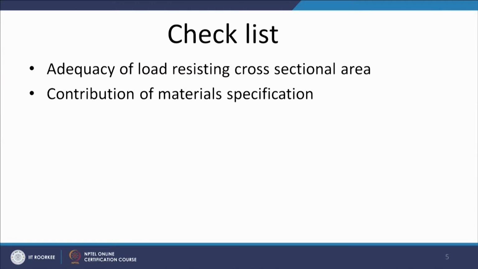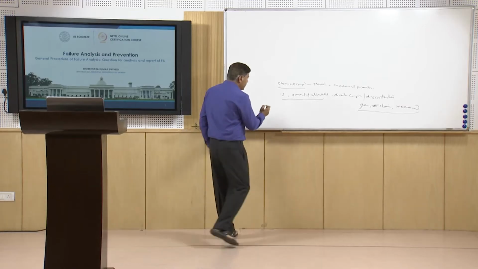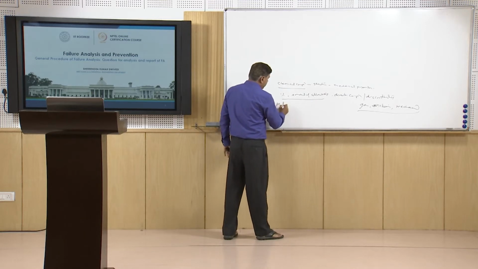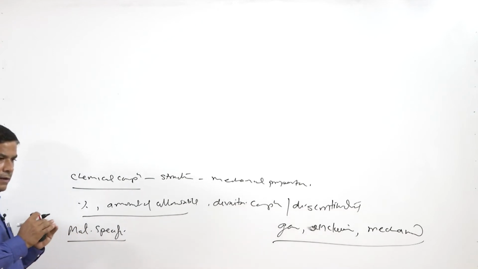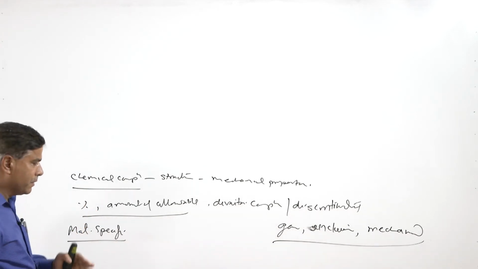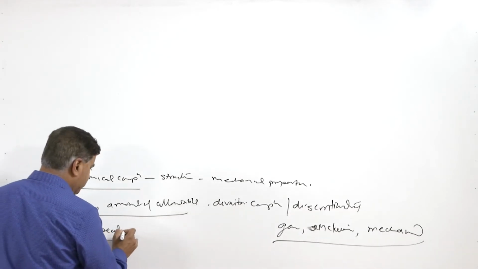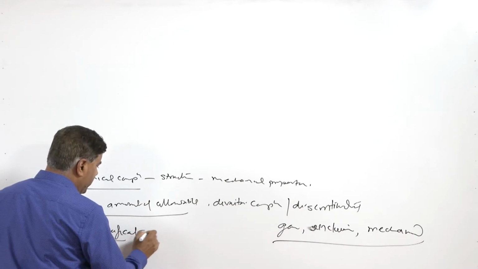And then we also need to see if there has been any role of the material specifications in the failure. We need to see whether the material chosen for making a particular component was appropriate or not.